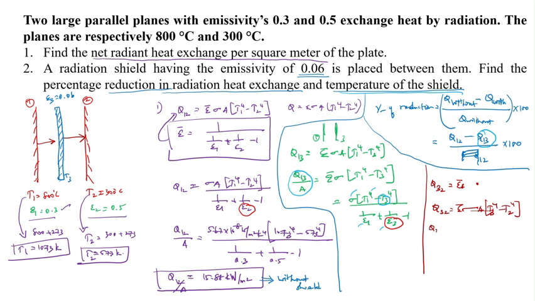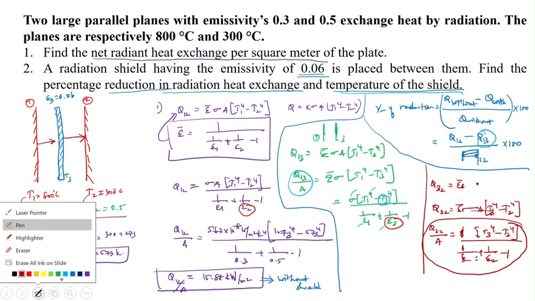So Q322 divided by A is sigma into T3 to the power of 4 minus T2 to the power of 4, divided by 1 over epsilon 3 plus 1 over epsilon 2 minus 1. This is the other term, Q322 divided by A.